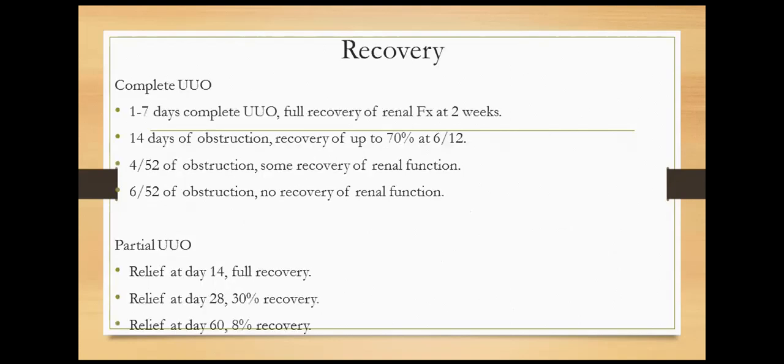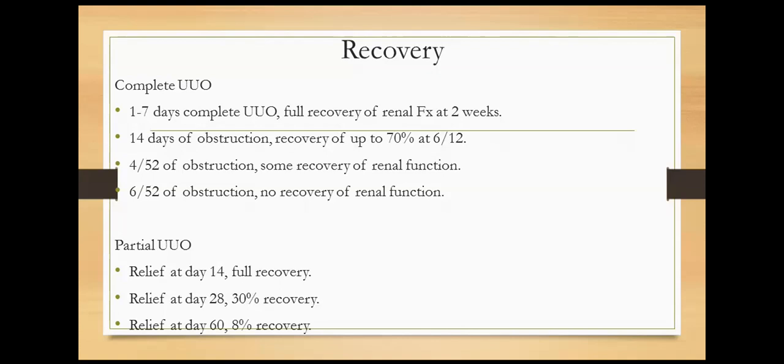And here, this is the RUO model, in which they looked at rodents, which I think is very nice to apply, in that any unilateral obstruction that lasts up to a week, you get full recovery of renal function at 2 weeks post the obstruction of that system. If your obstruction lasted 2 weeks, there's recovery of up to 70% at 6 months.